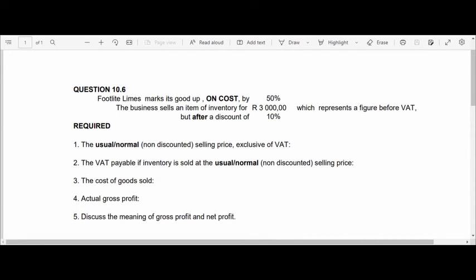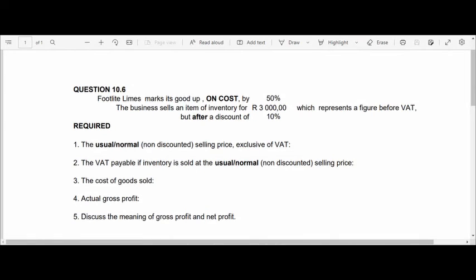Then they are saying the business sells an item of inventory for 3,000 rands, which represents a figure before value-added tax. In other words, it's the exclusive figure, but after a discount of 10%.